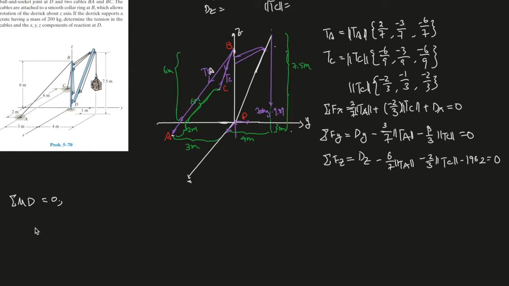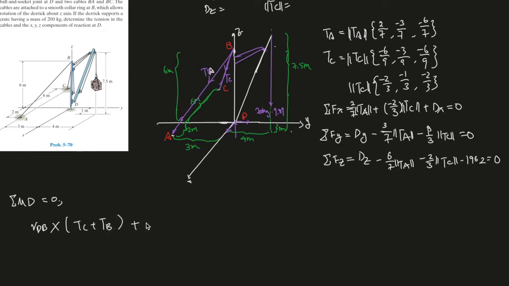So it's rDB cross, sorry, that looks like an x, cross the tension, so TA plus, wait, not the magnitude, just TC plus TB, right?